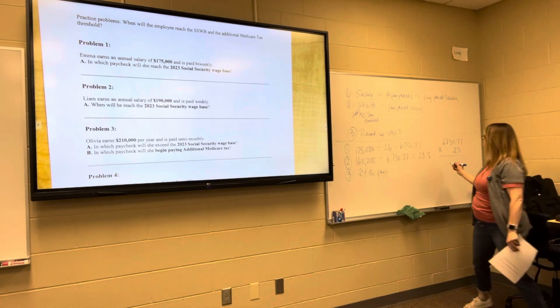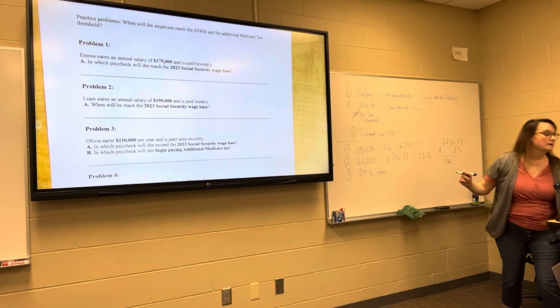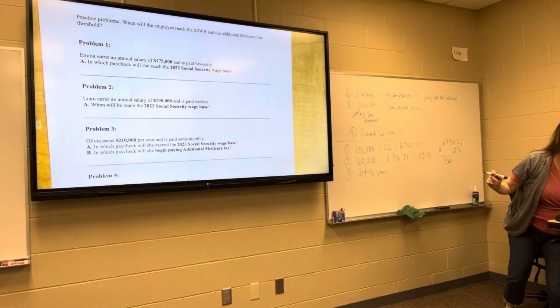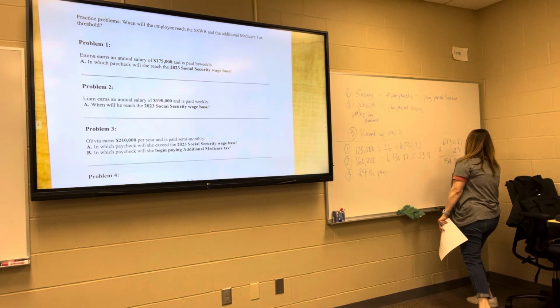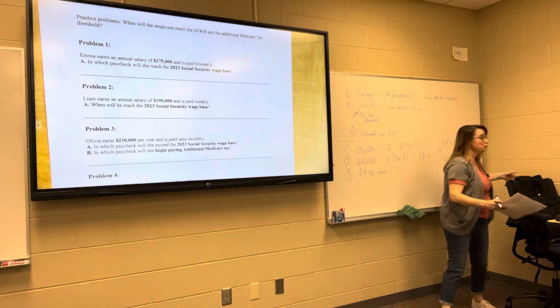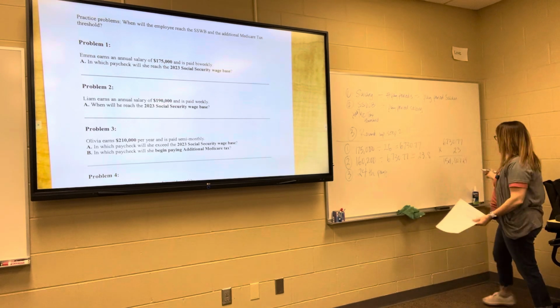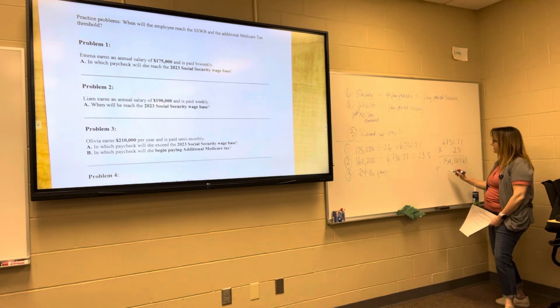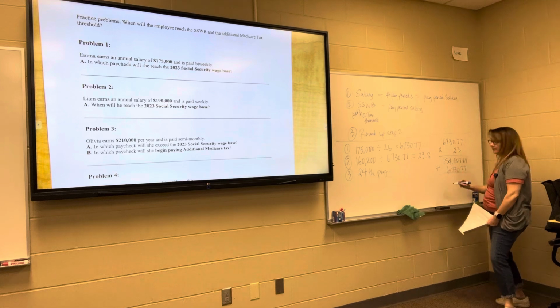She would have been at $154,807.69 during the 23rd pay period. And then on the 24th pay period, we would have added another $6,730.77. Sorry, I know this is hard to see, probably because it's low.